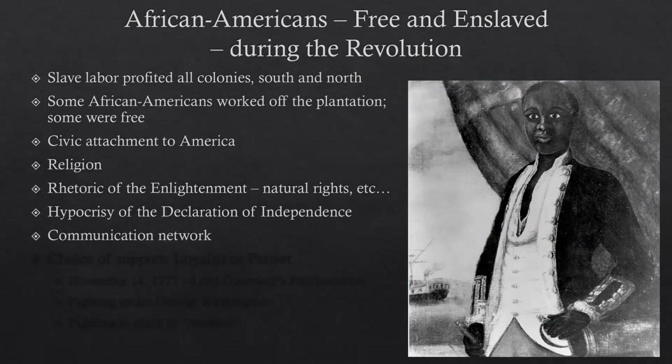There is a communication network among the enslaved population similar to the committees of correspondence. It's just less well organized, obviously, because they were enslaved and had little political power to coordinate their efforts. It did exist.